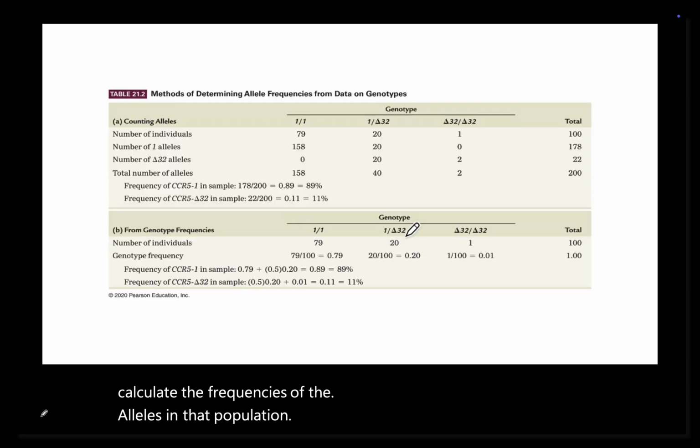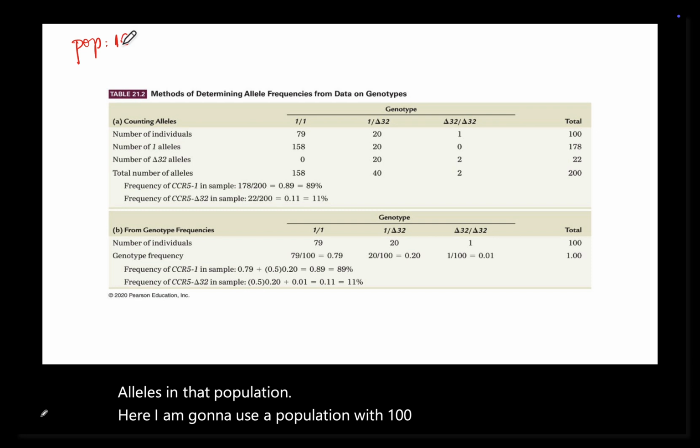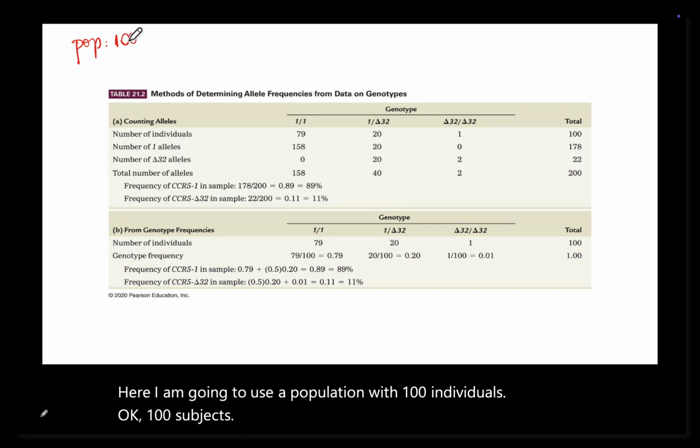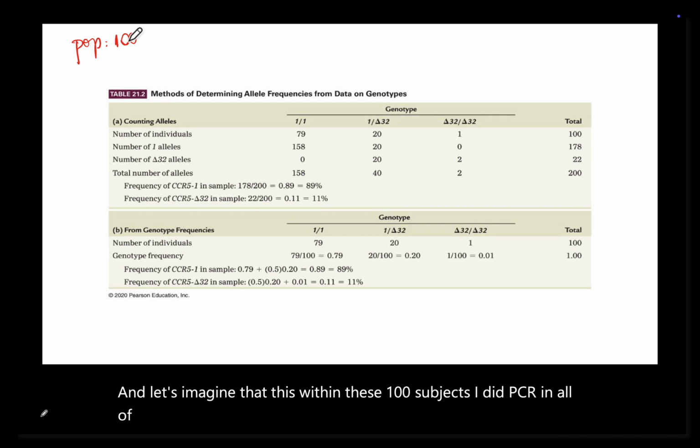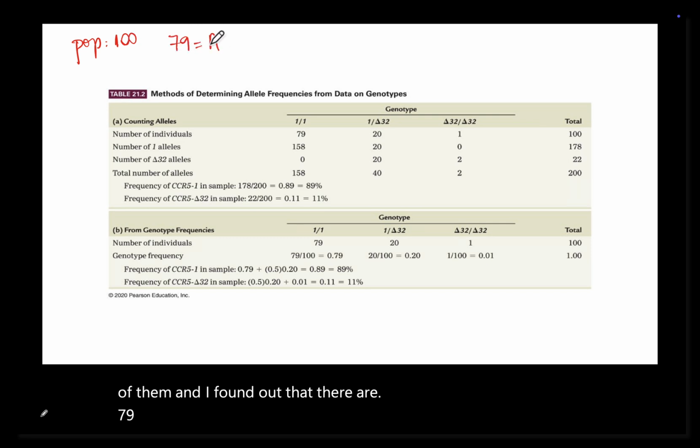Here, I am going to use a population with 100 individuals. Okay, 100 subjects. And let's imagine that within these 100 subjects, I did PCR in all of them, and I found out that there are 79 people that are homozygous dominant.